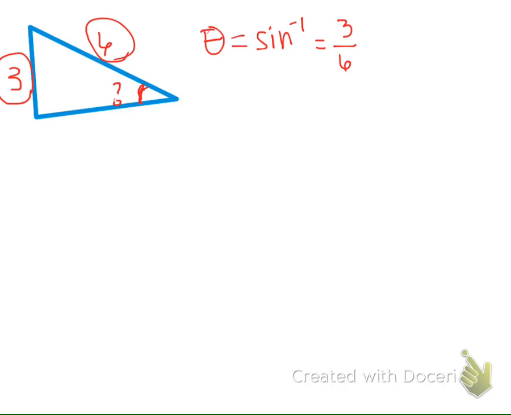Does everyone see how we got second sine? Why do we use the second? Yeah, when you solve for the angle, use the second function. So second sine of 3 over 6 is what? 30 degrees. So that's then the angle of our triangle. We know that this angle right here is 30 degrees.